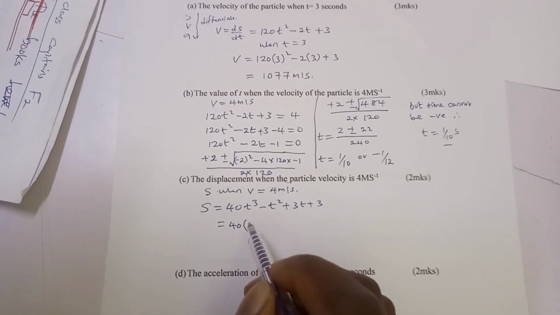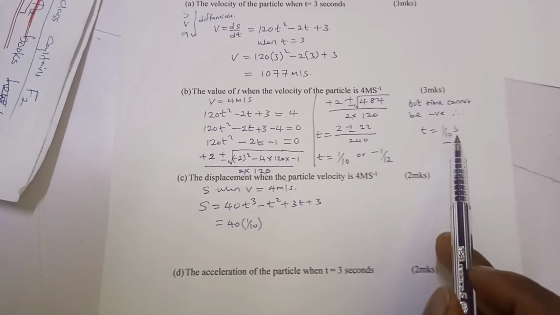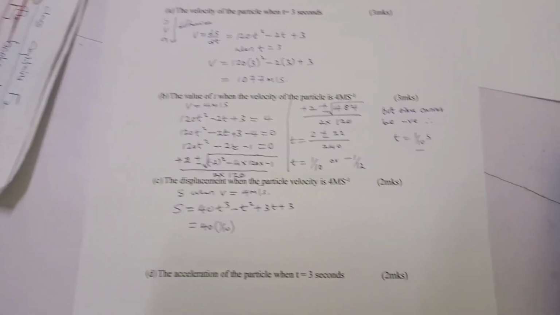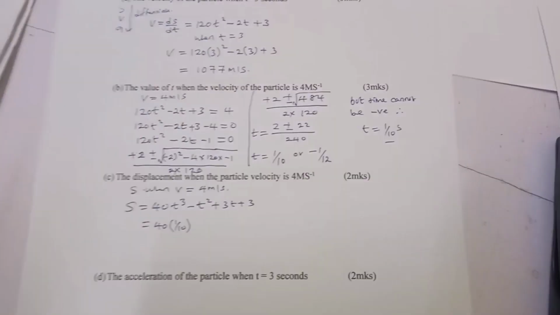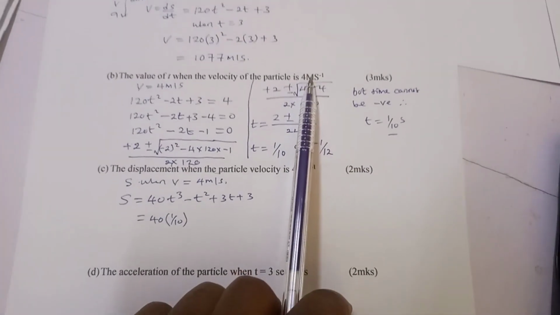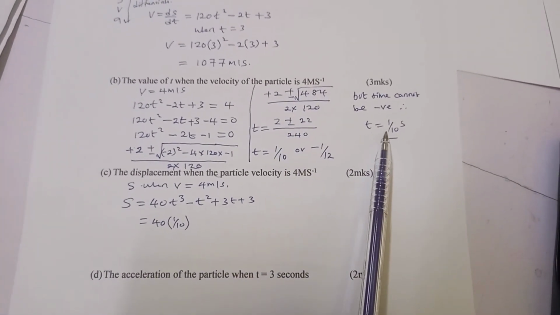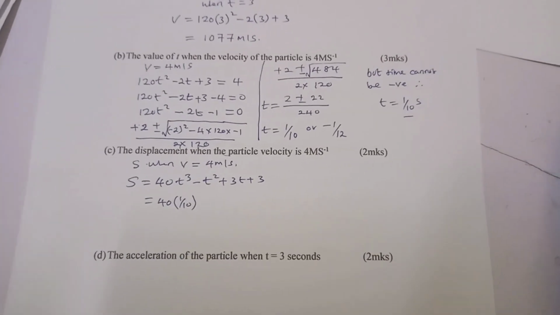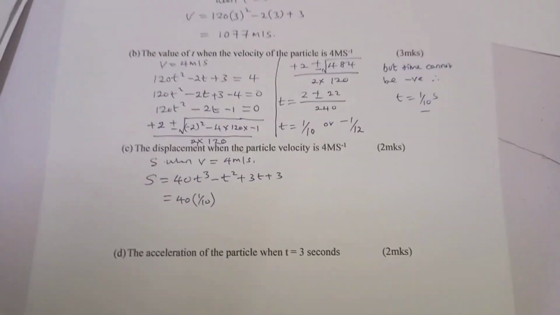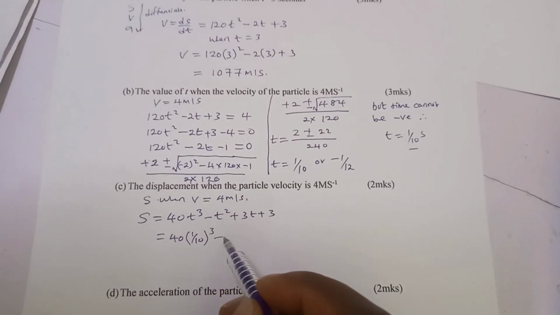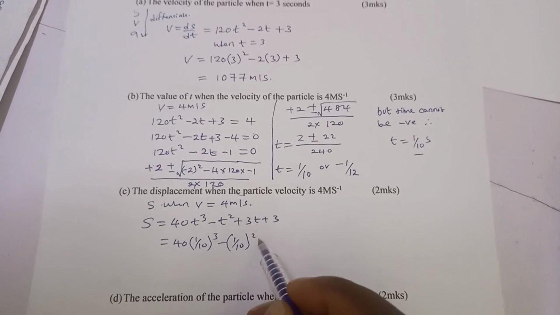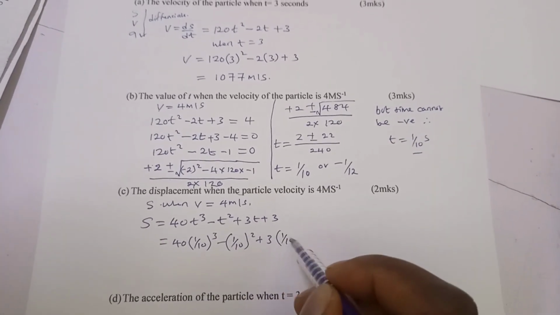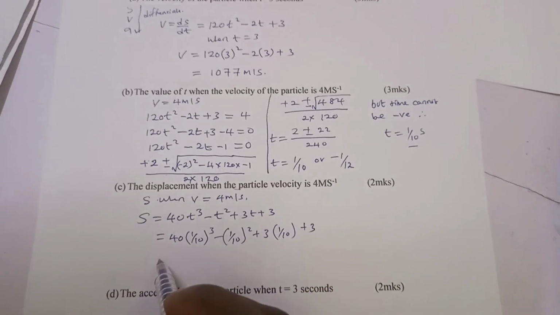We substitute t being 1 over 10, and we have 40 by 1 over 10 cubed, plus 3 by 1 over 10, plus 3.